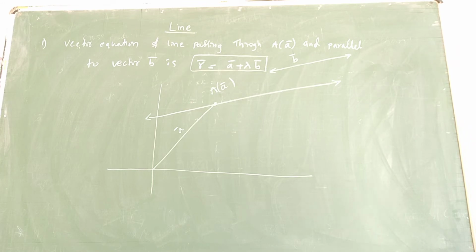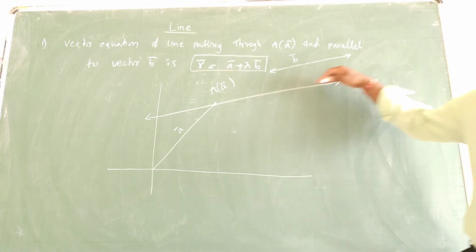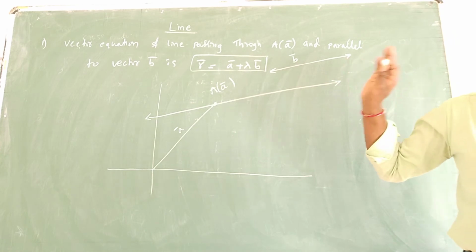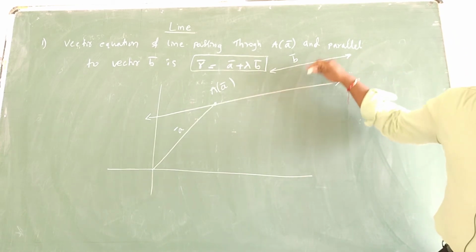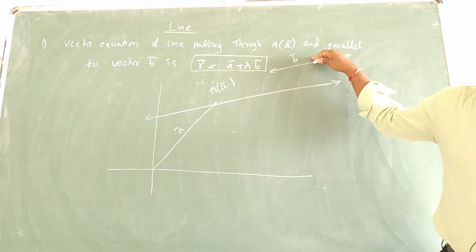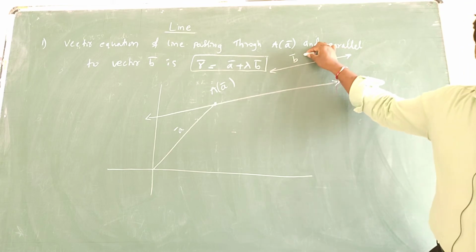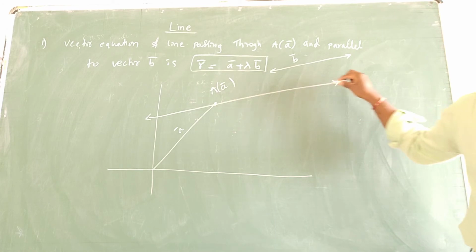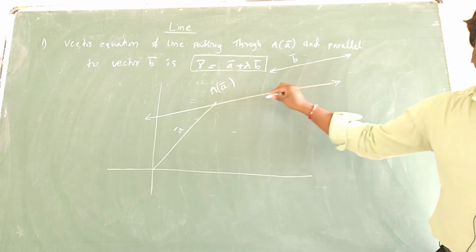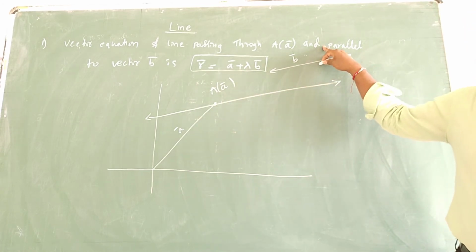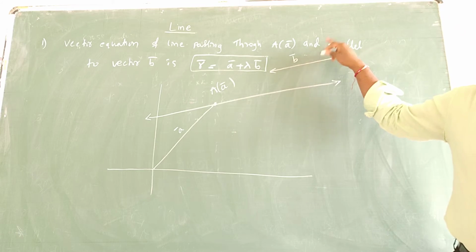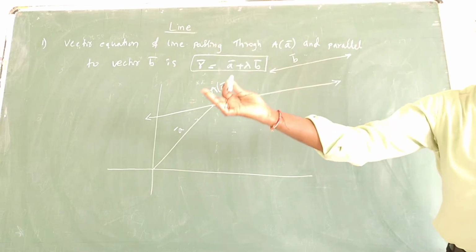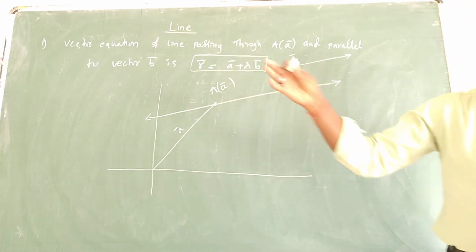Why do we use lambda times B vector? Direction. See here, these two lines are parallel, the vectors are parallel. If this is B vector, and I want the direction of this line, how will you get it? If one line is given parallel, then that multiplied by lambda will be the direction of the other line.